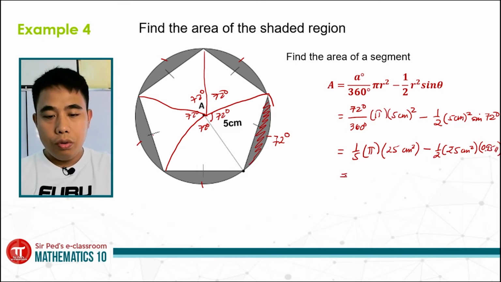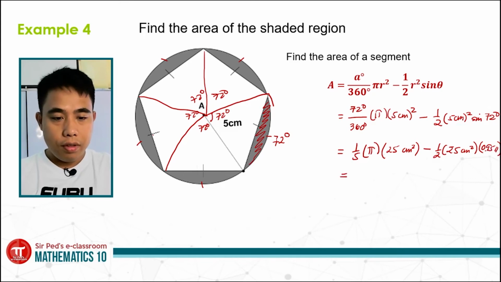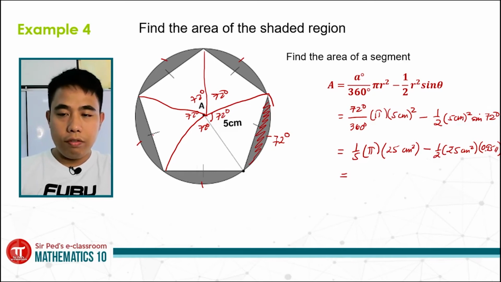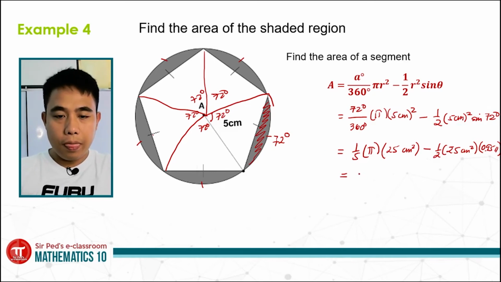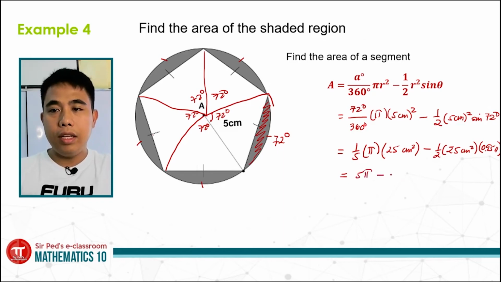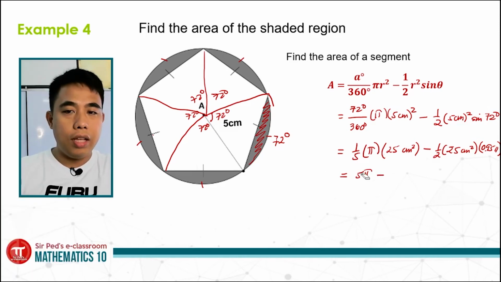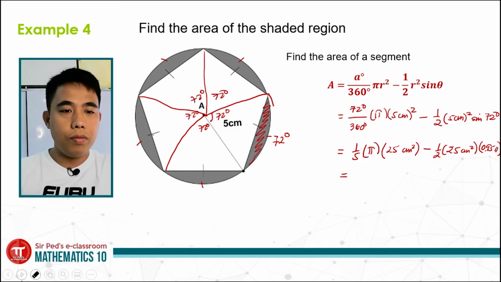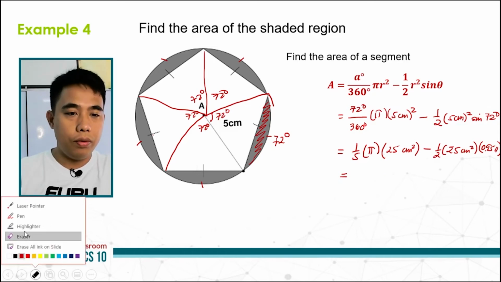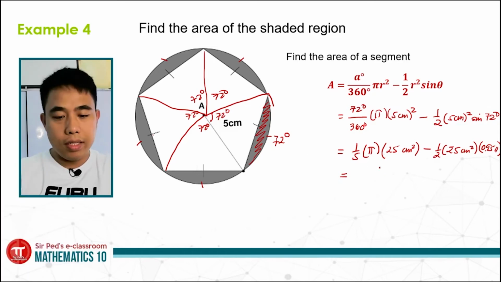So, 1/5 times pi times 25, that is equal to 5 pi. Ayan. Sige, sulat muna natin yung 5 pi. Minus, since nag-decimal na tayo doon, magde-decimal na lang tayo dito. Okay? Pero we use 4 decimal places, ha?